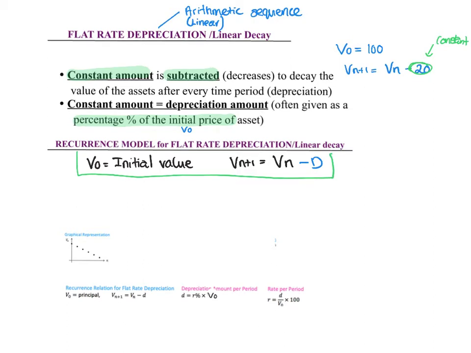So you need to know how to calculate D. So we're going to show you over here. So D will equal your rate. Now I'm going to start writing this PPY, and I'll go over it with you in a minute, and over 100.